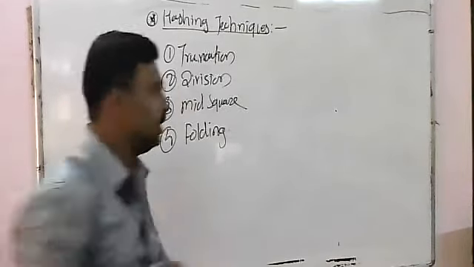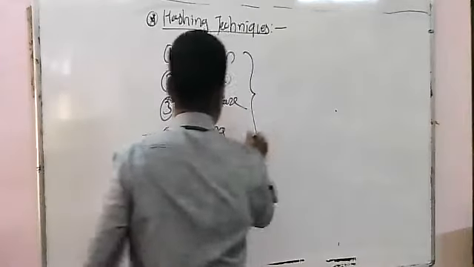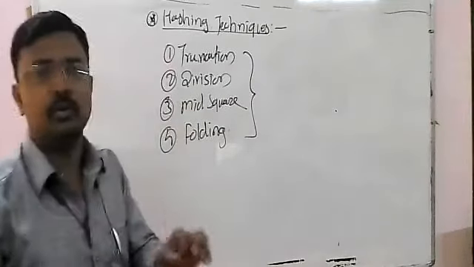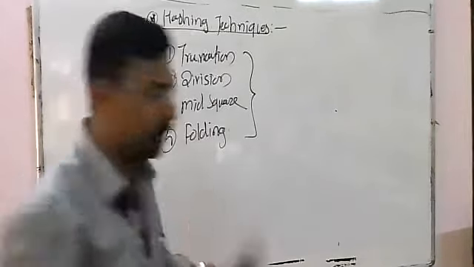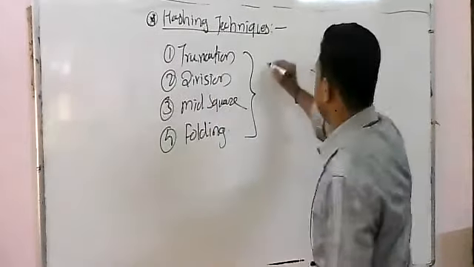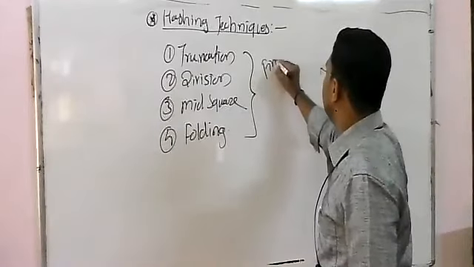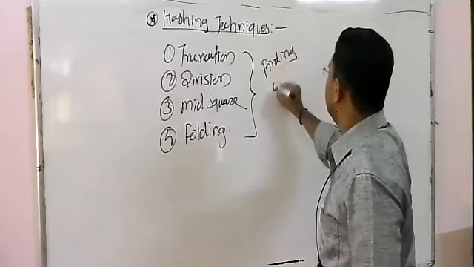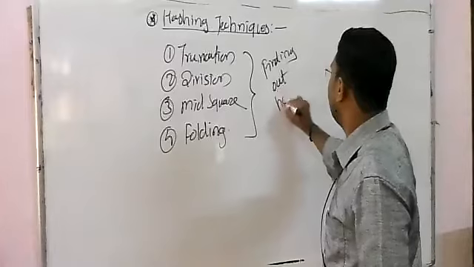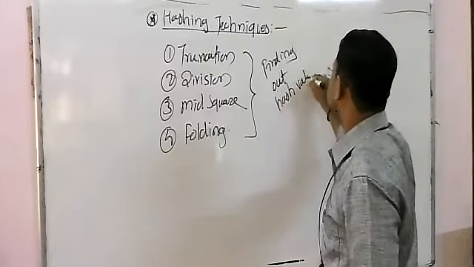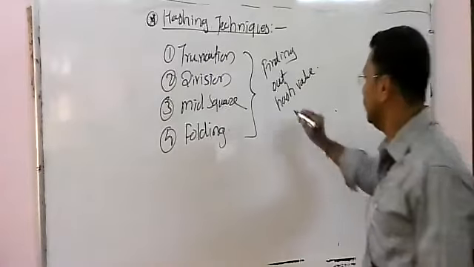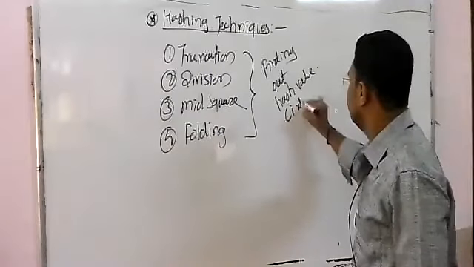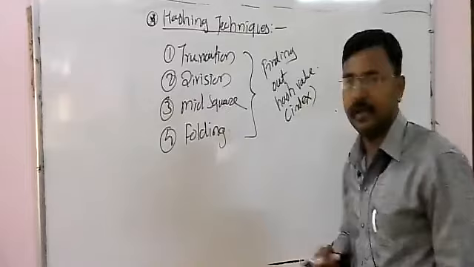All these methods do only one thing. They have only one purpose, and that purpose is finding out the hash value, which is also called the index.